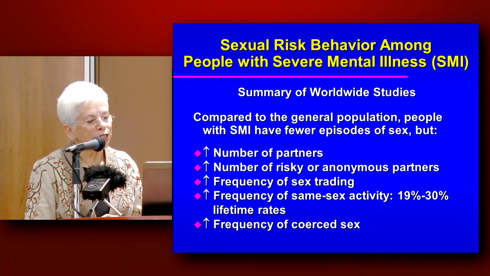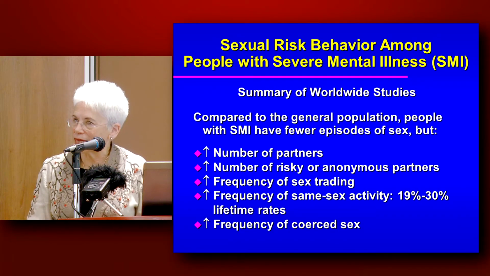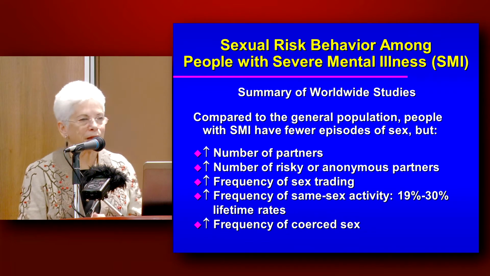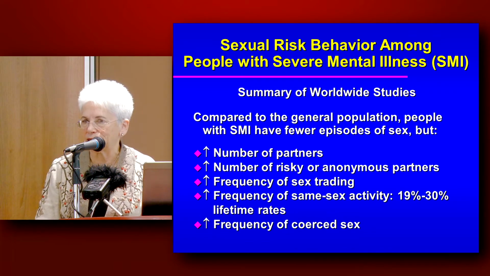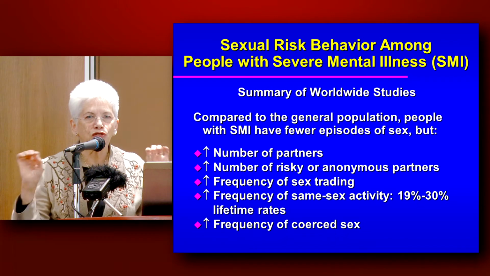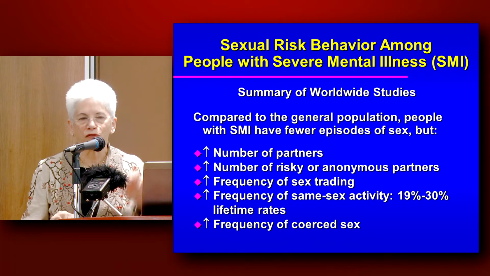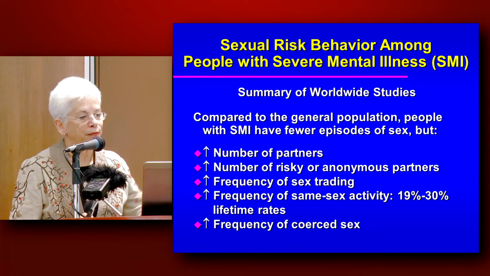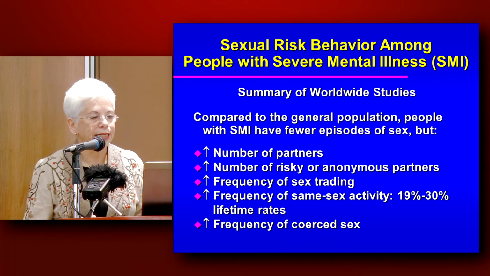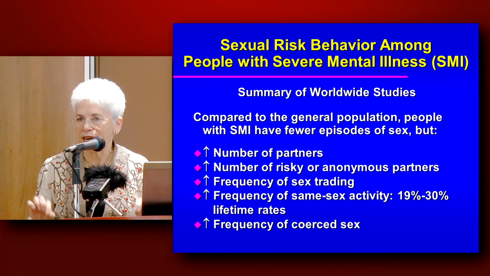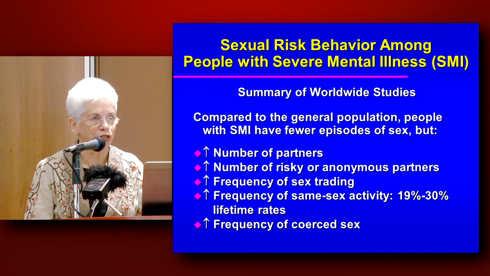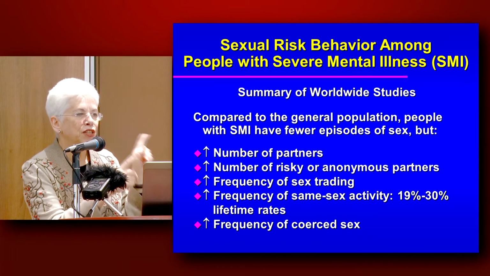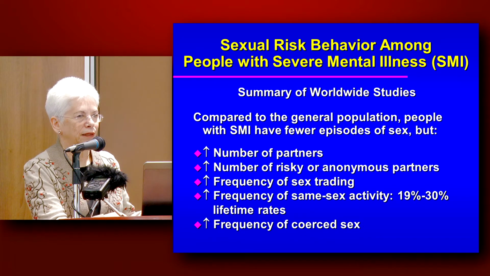And we also see that there's a very high rate of same-sex sexual activity, largely among people who don't identify themselves as gay or lesbian. And that's true for the men and the women, although for women it doesn't pose the same threat of HIV spread. But if you look, between 19 and 30% of severely ill psychiatric patients have had sex with someone of the same gender. And some of this occurs in single gender settings.